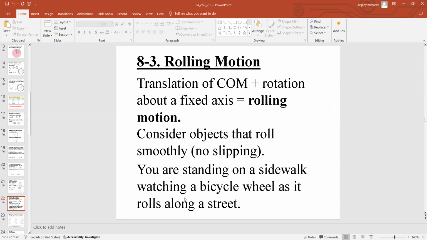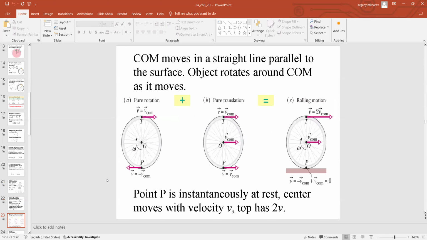Okay, so before we hit dynamics, a few words about rolling. What is rolling? Well, think about you being just a bystander on the sidewalk, and then you see bicycle wheels. So someone's riding a bicycle. What do you see for the bicycle wheel?